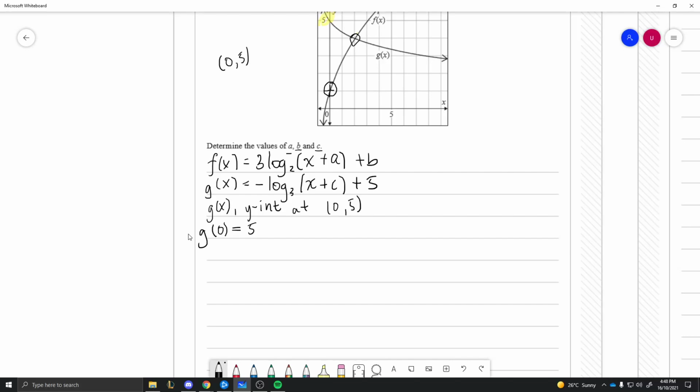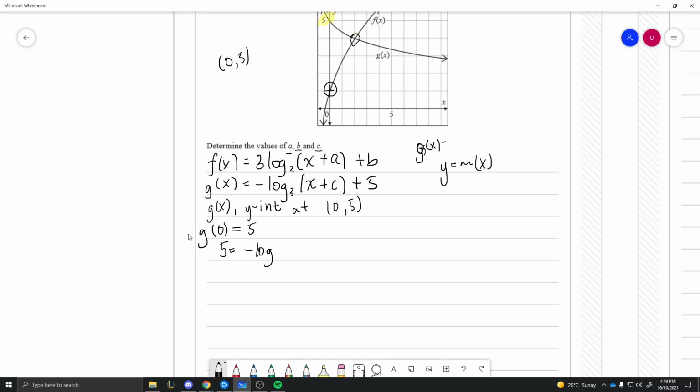If you take g of x and think of it as y, it's like y equals blah blah blah, but you have your x in this function, and you also have your y here. So g of x is equal to your y, so you know what the y-intercept is. So you know that g of x equals 5, but it's at x equals 0. So 5 equals, and then just sub in g, but make x equal 0.